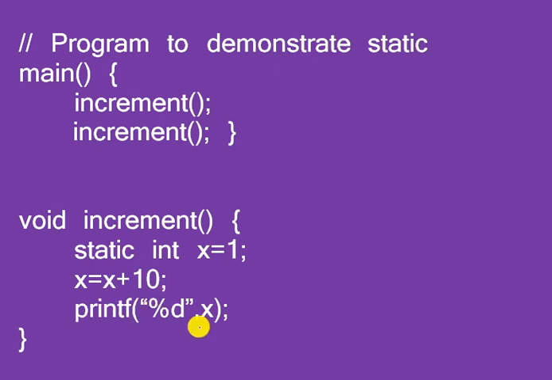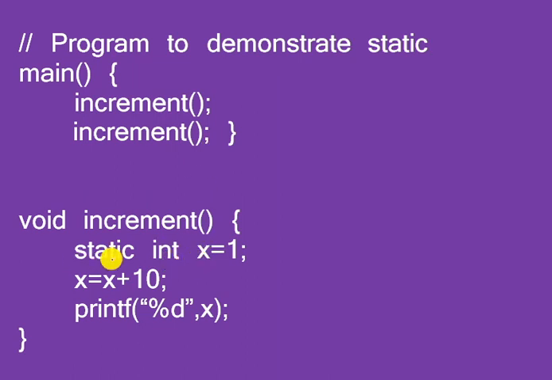So in normal cases, let us say this is not a static variable. If you try to call this increment method twice, the first time x is assigned 1 and x is incremented by 10, so you will get 11 as the answer. If you execute the call a second time, again x is initialized with 1.